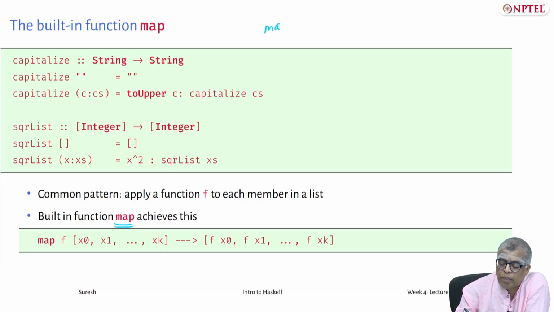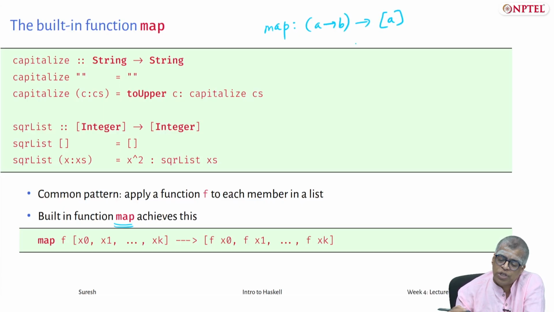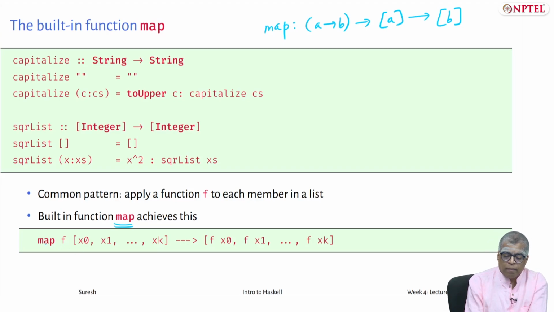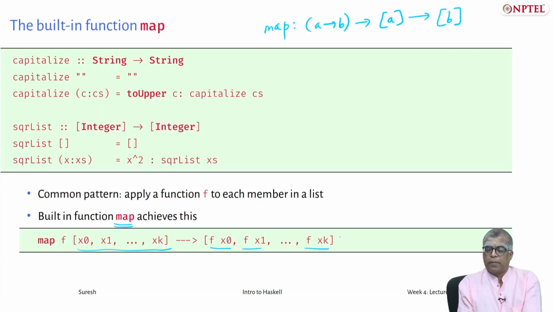Map is of type a arrow b, which is the function argument, arrow list a, which is the list of elements, each of which is of type A, and then you produce a list of elements, each of which is of type B, which is the output elements. Essentially, map will take a function f and a list x0, x1, xk, and it will produce the output list f x0, f applied on x1, f applied on xk.